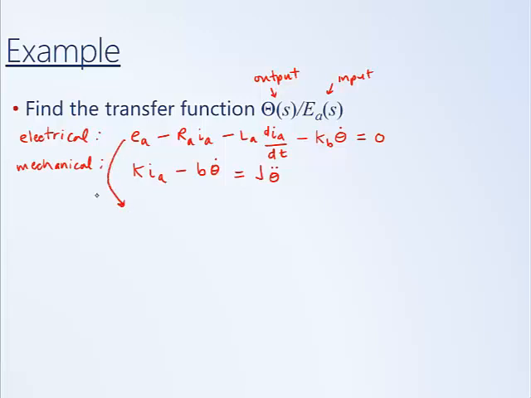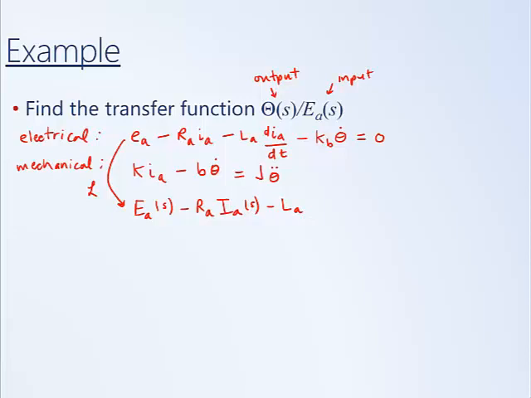If we take the electrical equation and take its Laplace transform, E sub A is just some function of time, so we get a function of S. R sub A is a constant, so it can just come out front. The armature current, again, is a function of time, so we get a function of S. The inductance is a constant, comes out front.